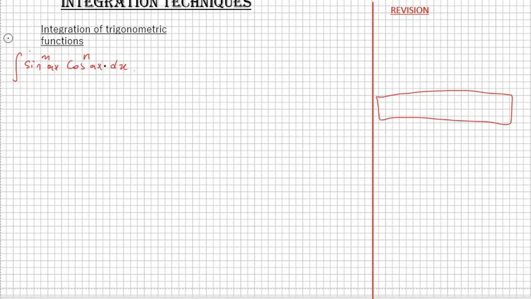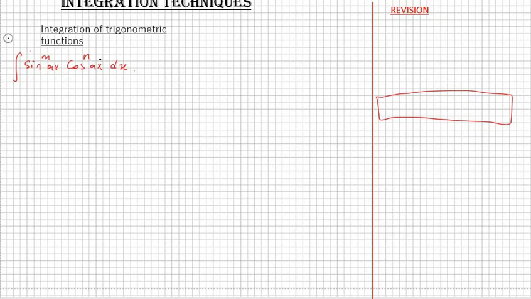So m and n can either be even or odd, depending on the problem that is given, or the examples that we just completed in the previous slide.